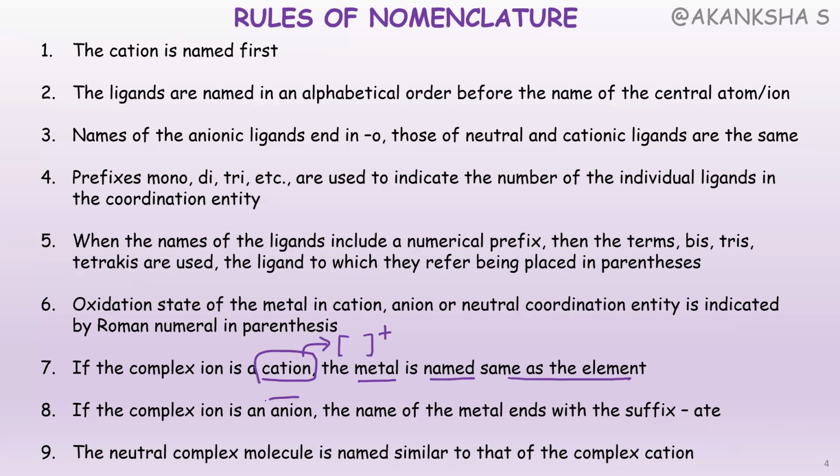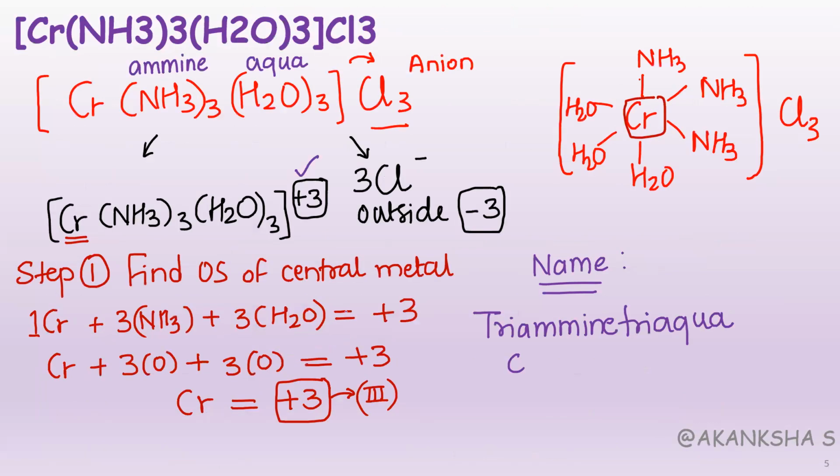Whenever complex is an anion, meaning what? Its bracket is carrying a negative charge. Metal ends with the suffix ate. This is important. Here in our case, our complex is showing a positive charge. So our metal would be as it is. We won't be naming it as chromate or chromiumate. We are going to keep it as chromium.